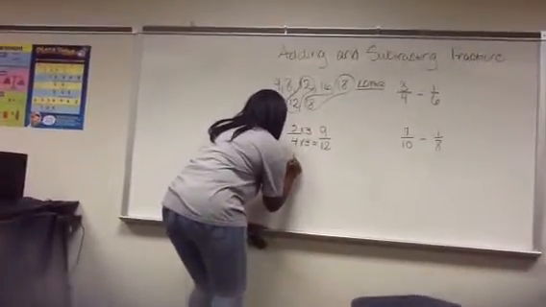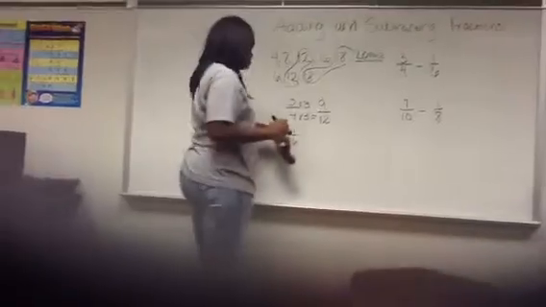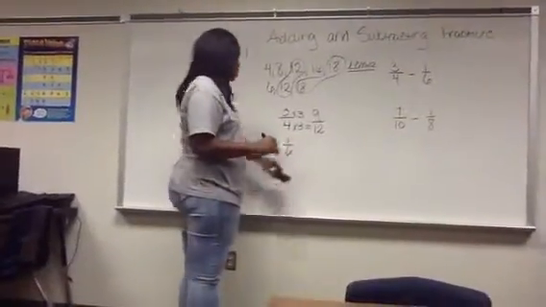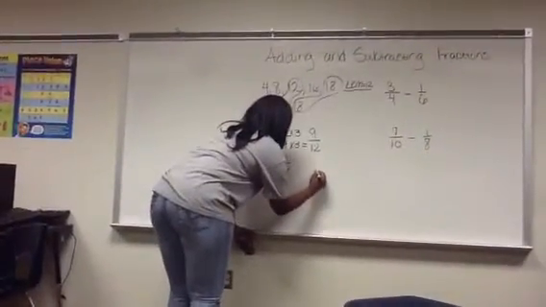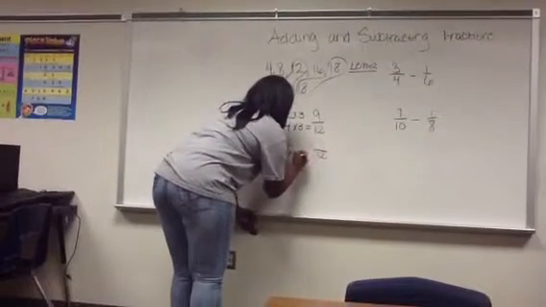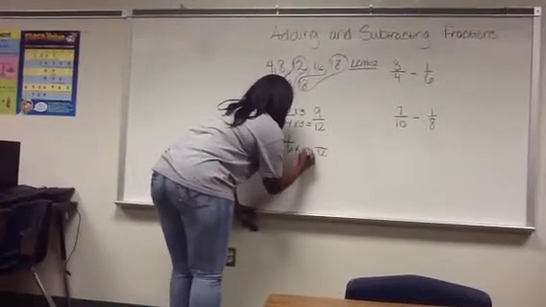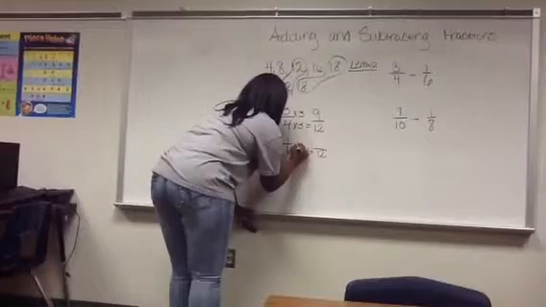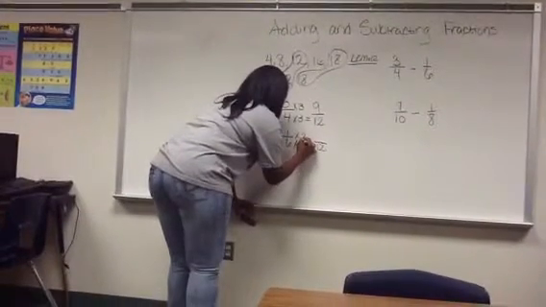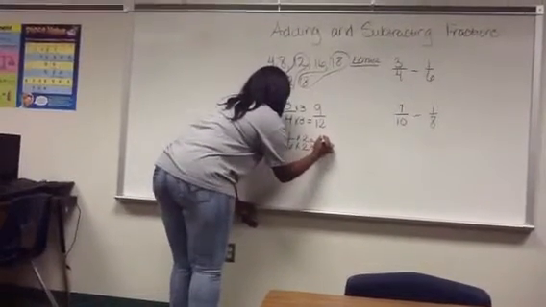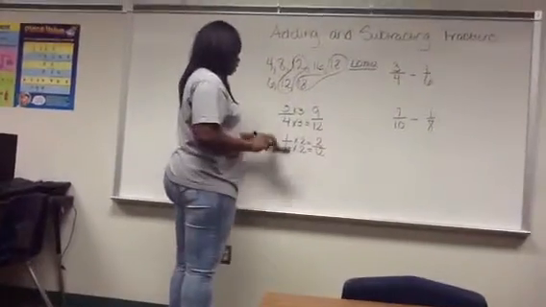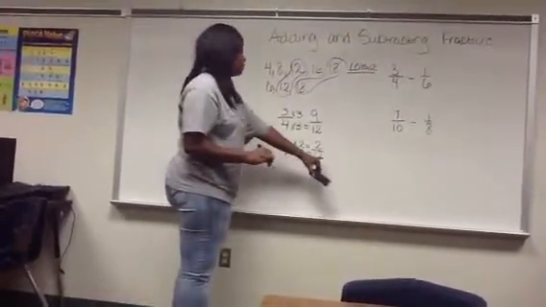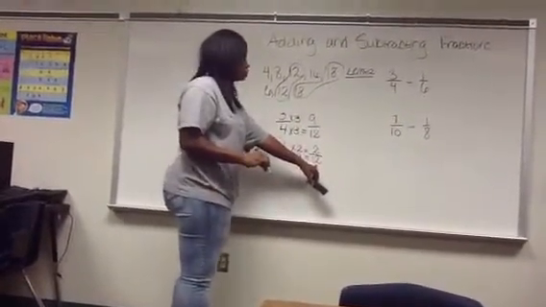Let's do the other fraction. 1/6. Right now there's a 6 in the denominator. I'd like for it to be a 12. And I know you're thinking, multiply by 2, so that's what I'm going to do. In the denominator and the numerator. 1/6 is also equivalent to 2/12.